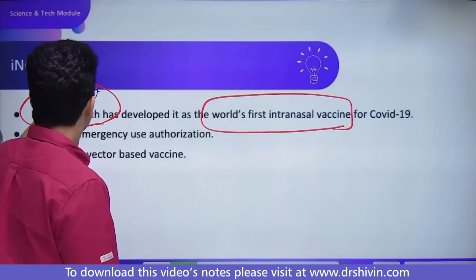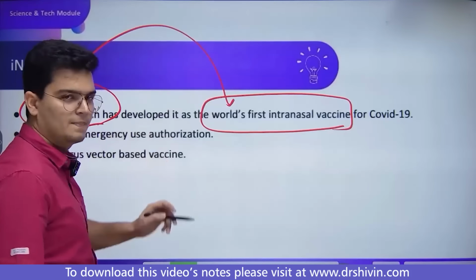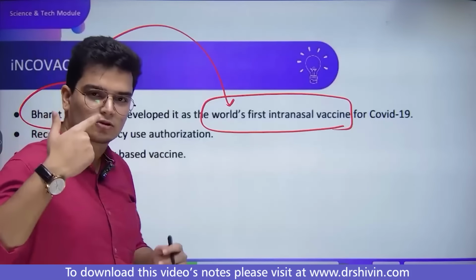So this is the world's first intranasal, through the nose, vaccine for COVID-19. This has also gotten emergency use authorization. Intranasal is the administration. You can see in the name here, IN, intranasal. But it is based on the same viral vector technology. Okay, this is Incovac. So this ends COVID vaccines for us.